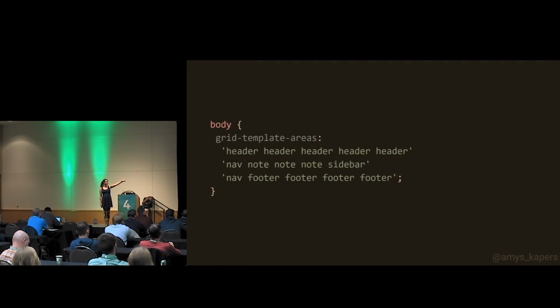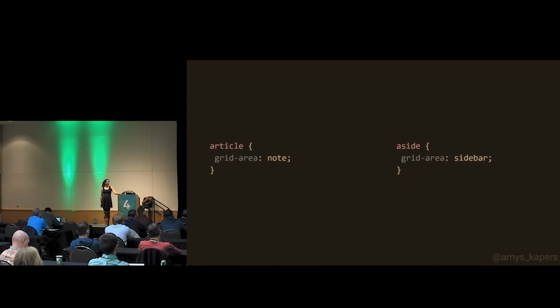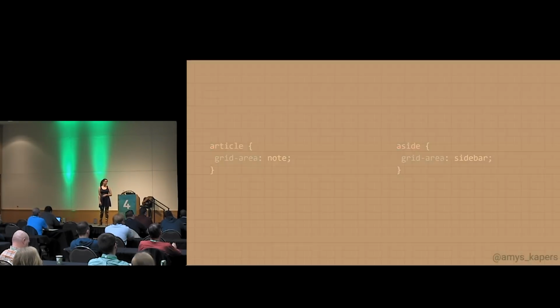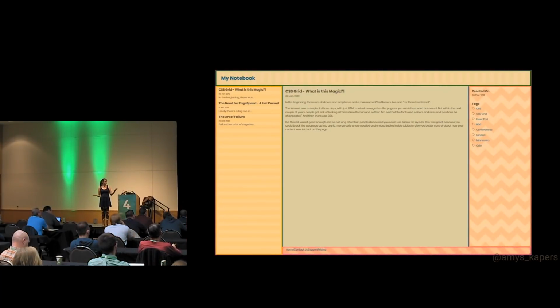So instead of note taking up the full rest of the middle row, we can leave the last column for the sidebar. Then define the article as fitting in grid area note and the aside as grid area sidebar. And they will then place themselves in our main grid. Make sense so far?